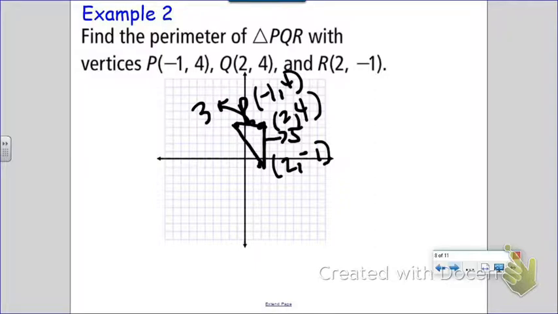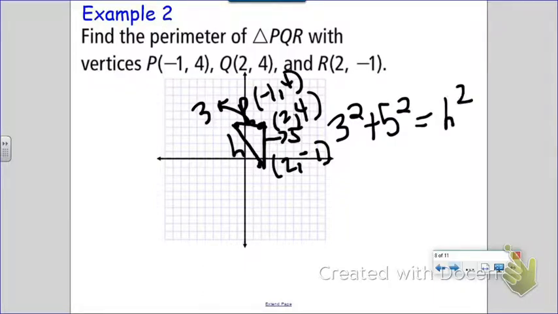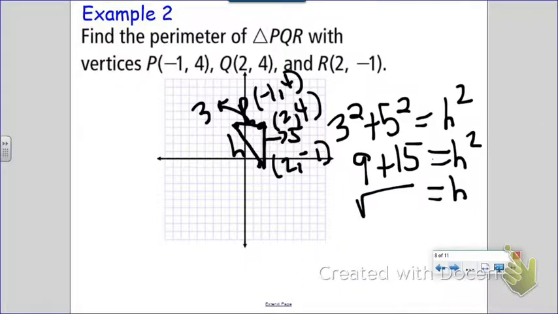To get the other side for the perimeter, we'll use good old Pythagorean theorem. 3 squared plus 5 squared equals the hypotenuse squared. 9 plus 25, h squared. So h is the square root of that.